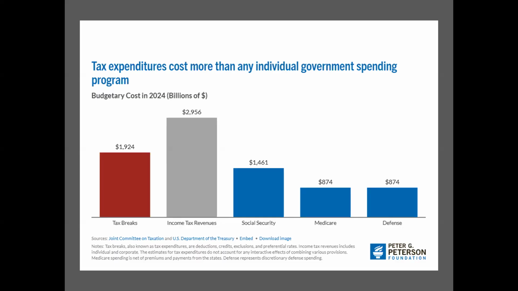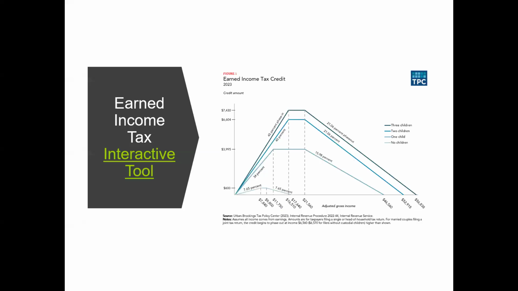But the Peterson Foundation says in 2024, tax breaks or tax expenditures cost the equivalent of $1.9 trillion. That's compared to Social Security, which we pay $1.4 trillion a year in, right? So the biggest source of expenditures by the federal government is on tax breaks.